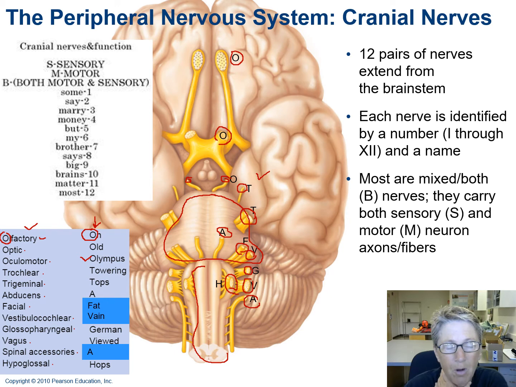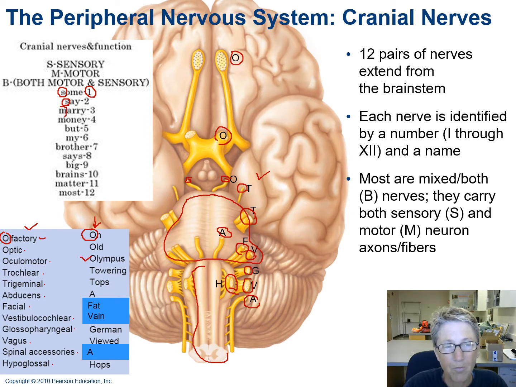With this mnemonic, cranial nerve 1, the olfactory nerve, starts with an S, and that means it is purely sensory, so it only carries sensory afferent axons. Cranial nerve number 2 would also be purely sensory.